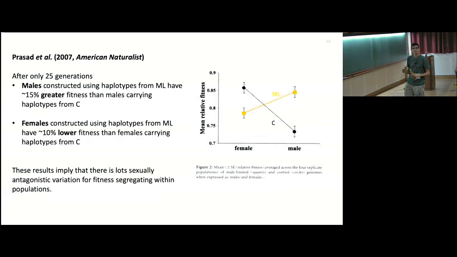So, second question is, did they measure these fitnesses for intermediate generations just to see how the fitness changes? No. Yeah, that would be great. Very difficult to do this in flies at all.